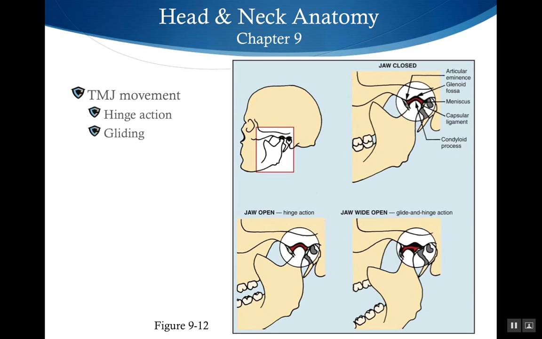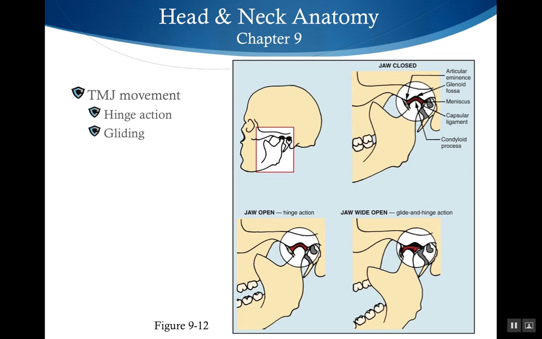The body of the mandible drops downward and backward. Four different muscles are involved in jaw opening, and three different muscles are involved in the closing of the jaw.